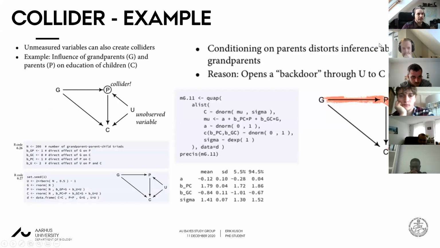Now, another example for this, which I didn't want to omit because I found it quite interesting, and again, it took me a bit of time to get my head around, is all about unmeasured variables, because we will, by definition, always have unmeasured variables in any of our experiments, setups, observational studies, what have you.